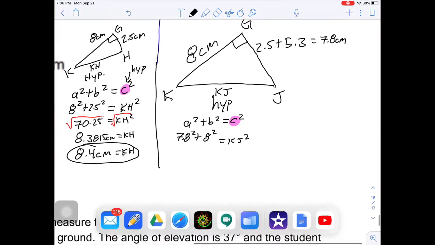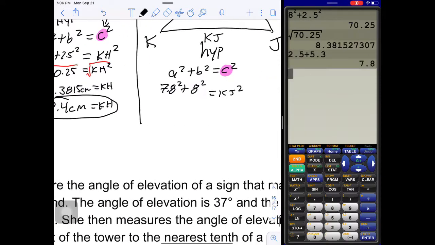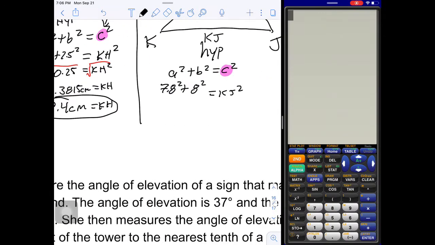And now we can plug these into our calculator. So here we have 7.8 squared plus 8 squared. So that gives us 124.84. And that equals K to J squared. And now I just have to square root both sides.